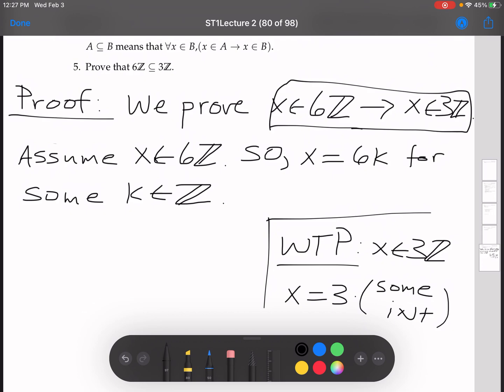Well, let's see. We have that x is equal to 6k, right? And 6 is equal to 3 times 2. So x is equal to 3 times 2k.